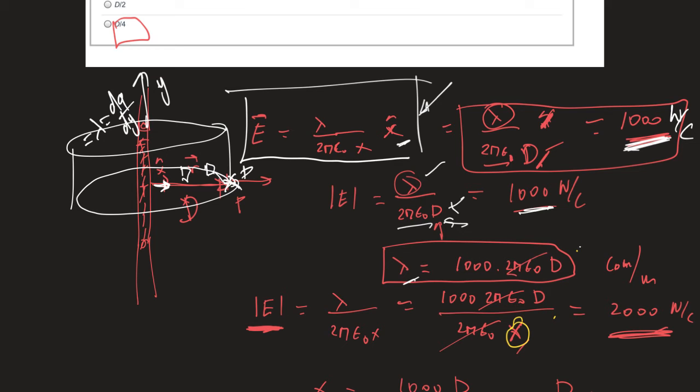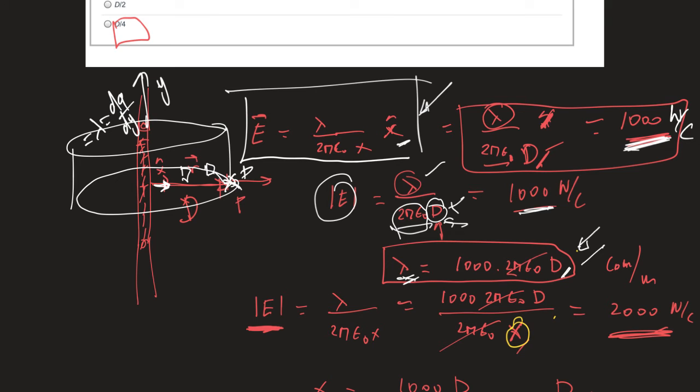Lambda is the density of charge of the cable. I don't have the d, but this is the value of lambda: lambda will be 2 pi epsilon 0 multiplied by E multiplied by d. This is the lambda, okay?